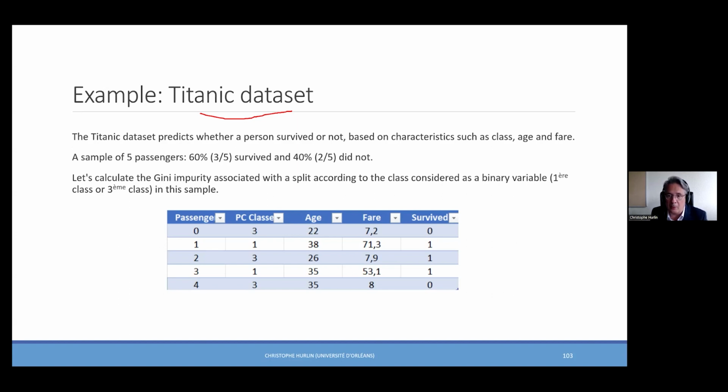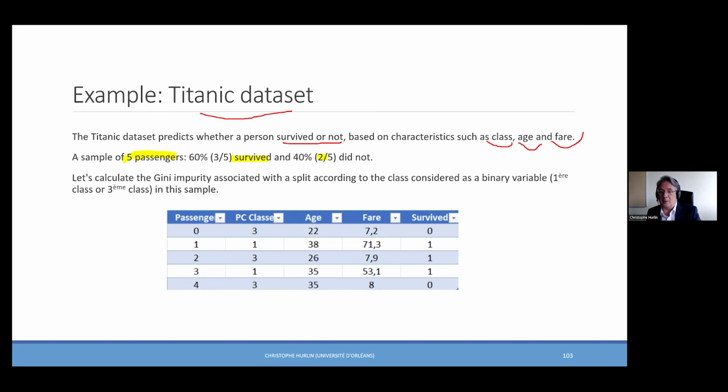We have a variable that indicates if the person survived or not, and we have some characteristics, some features X: the class, the age, and the fare price. I propose to consider a very small sample of 5 passengers. 3 have survived, 2 did not.